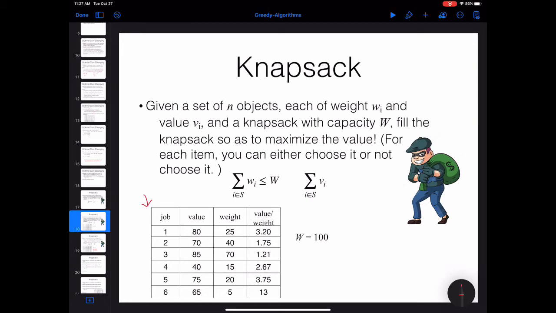You can see that I have put all the items, the value for each item, and the weight for each item.